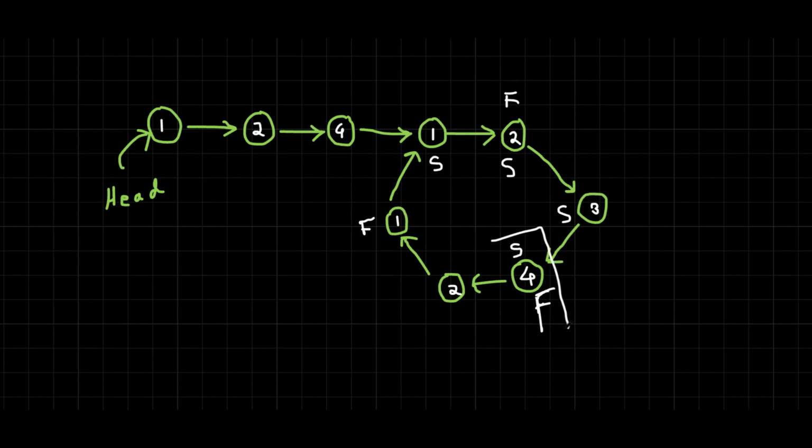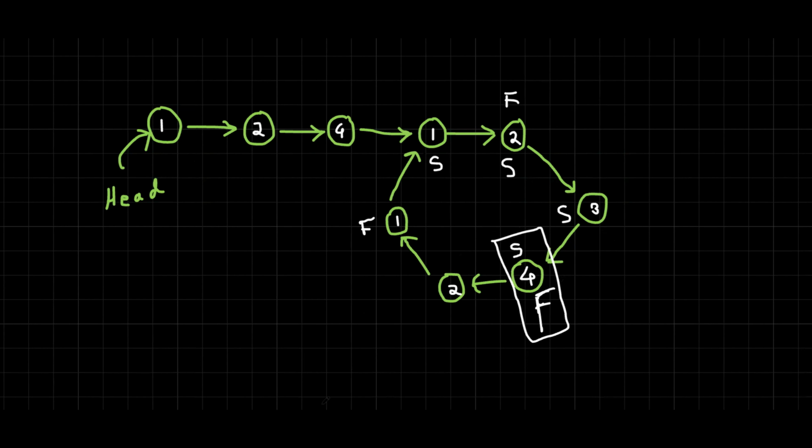So here we can see that at this element 4, we have two pointers, slow and fast. That means the slow pointer and the fast pointer meet each other. So here we can say that this linked list contains a cycle. I hope you understood the algorithm.